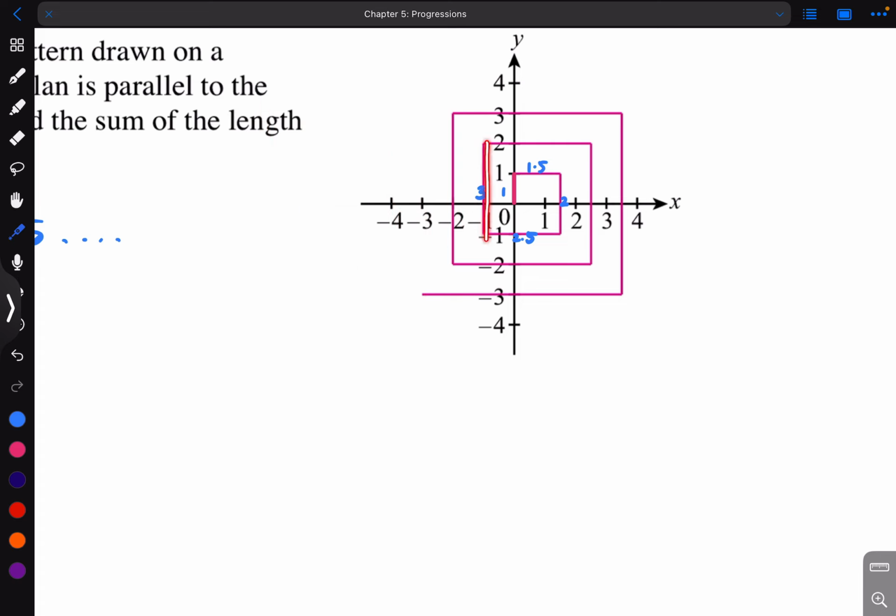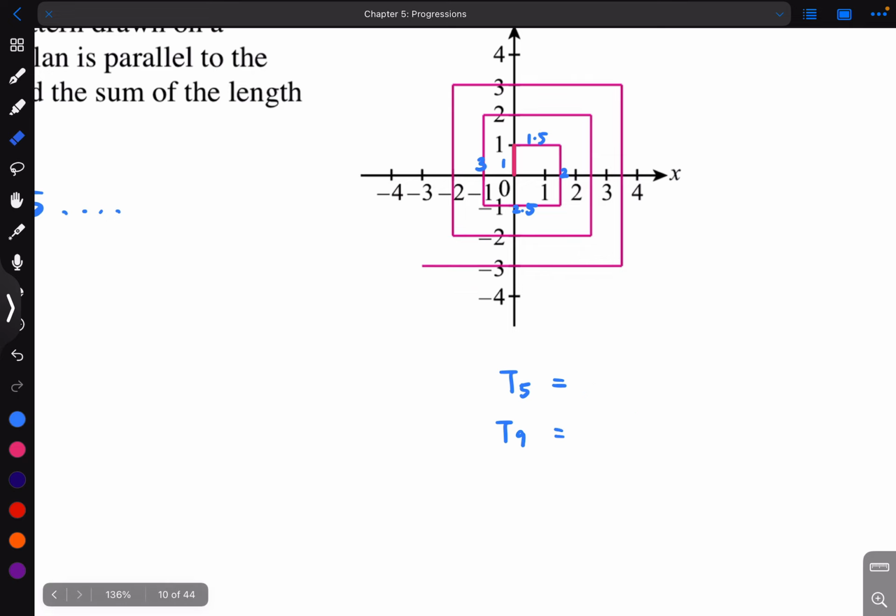Here, this is the third term. 1, 2, 3, 4, 5, the fifth term. The fifth term is x equals negative 1. 5, 6, 7, 8, 9. The ninth term will be x is negative 2.